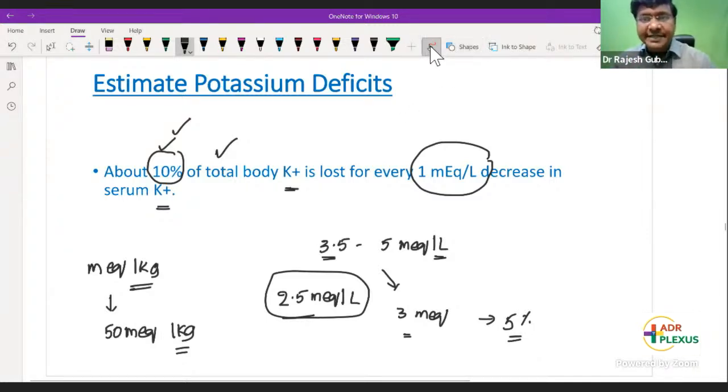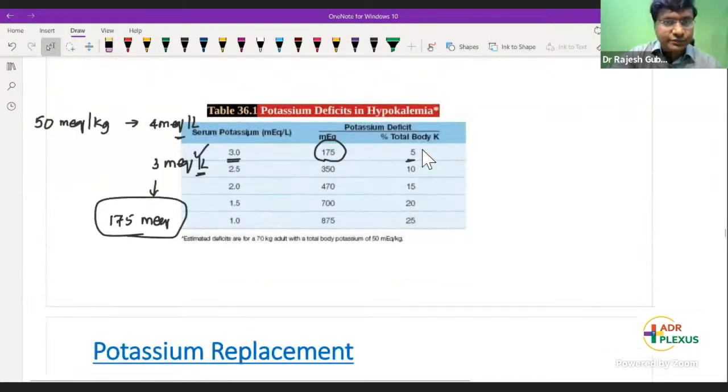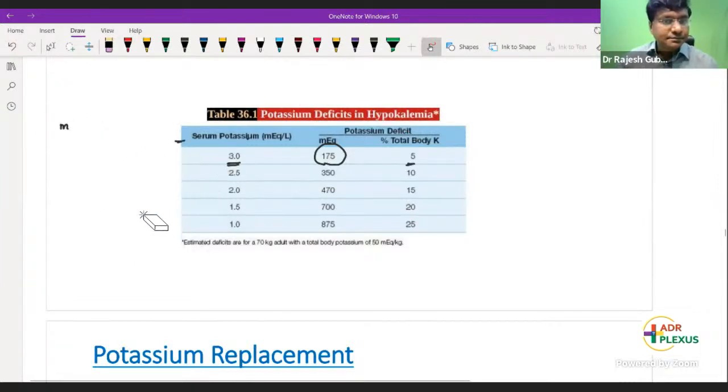Now, yes, we will come back to this. One minute. We'll try to extract how this particular value has come.